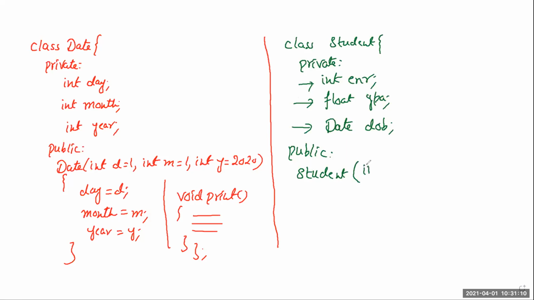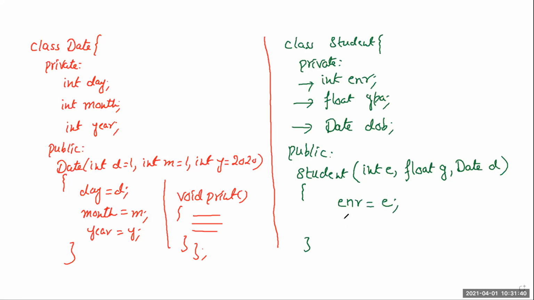I can write some int e, maybe some float which I call g, and the third argument is actually an object of class date. And we have already seen that since it is a data type, just like you pass any other integer or float or character, you can also pass an object, right? Within the body, again nothing special, just three assignment statements.